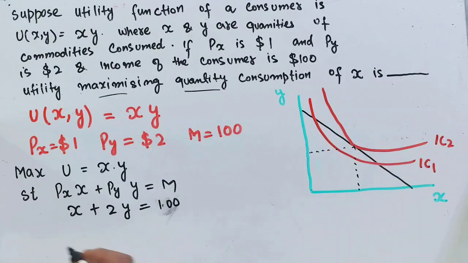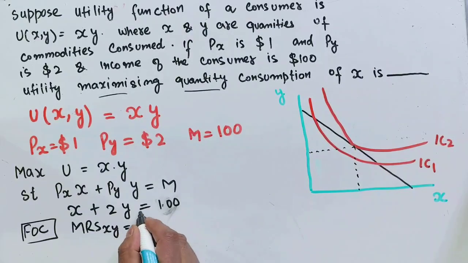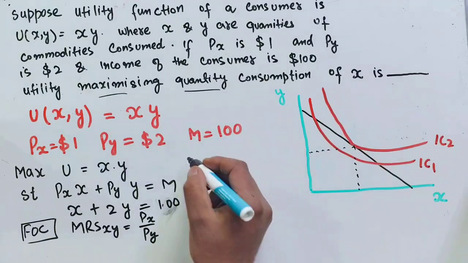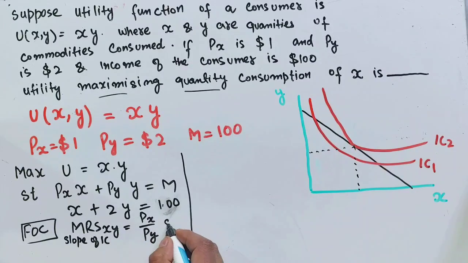A tangency, we know, means the first order condition for optimization in this case requires that the marginal rate of substitution between good x and y should be equal to the ratio of the prices, price of x upon price of y. That means, MRS is the slope of the IC, and Px upon Py is the slope of the budget line.